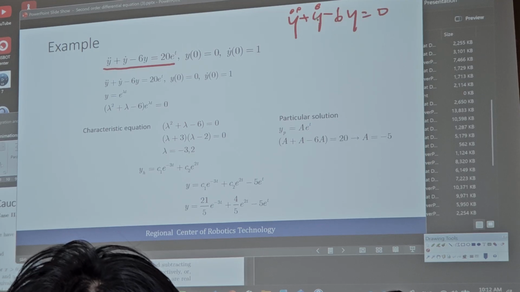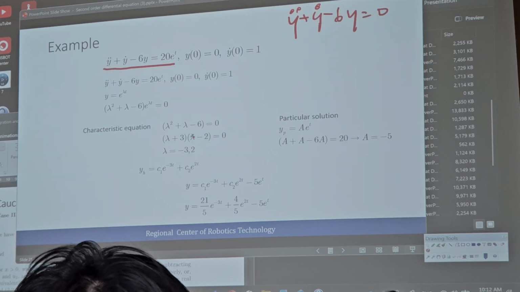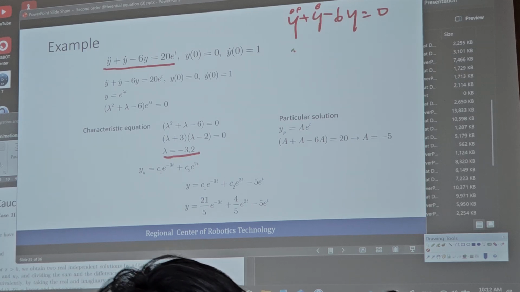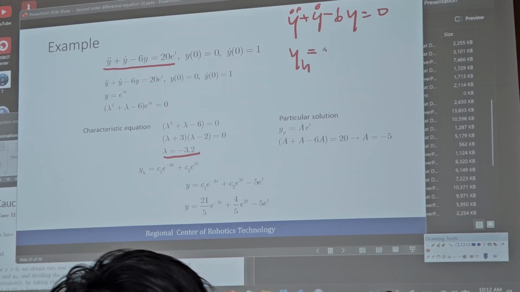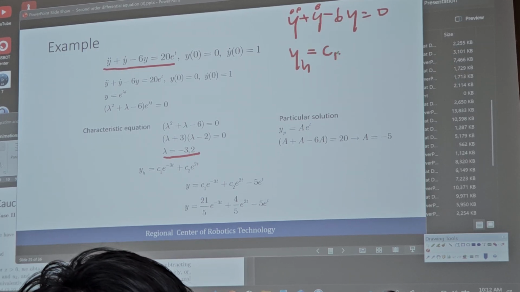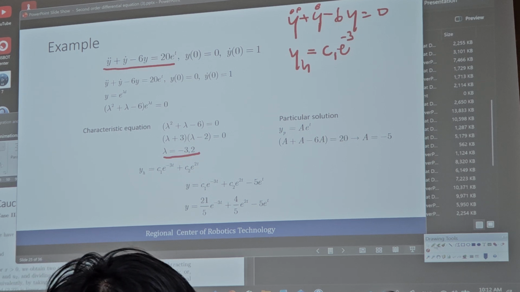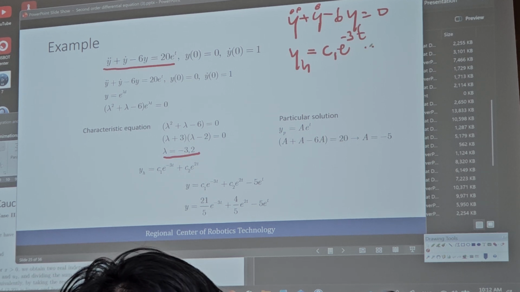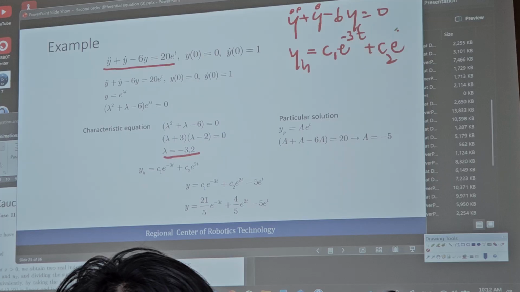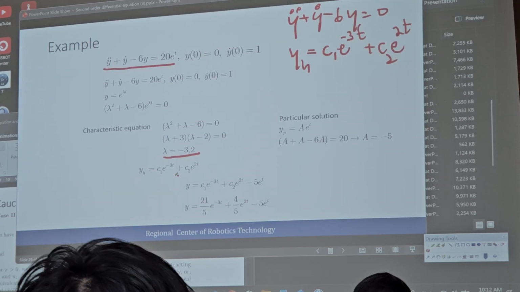So you solve for this one, and the homogeneous solution will be what? C1 e to the minus 3t plus C2 e to the minus 2t.